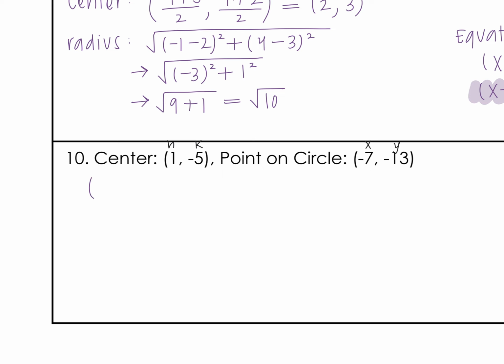So here I would have -7 minus 1 squared plus, and we'll have that -13 plus 5 squared is equal to our r squared. Okay, to clarify, remember, in your formula for the equation of a circle, it should have the negative.